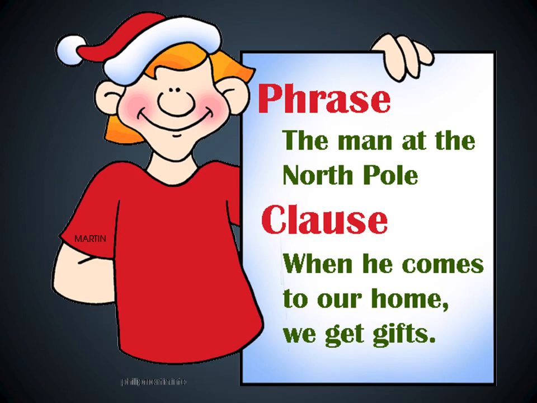That's right. This means that there are 2 clauses in the example given. We get gifts is the main clause, and when he comes to our home is the dependent clause. In other words, a dependent clause or a relative clause is the one that depends on another idea for the whole sentence to make sense.